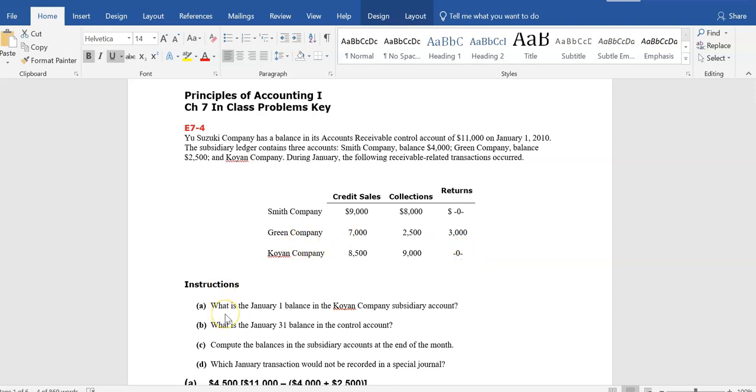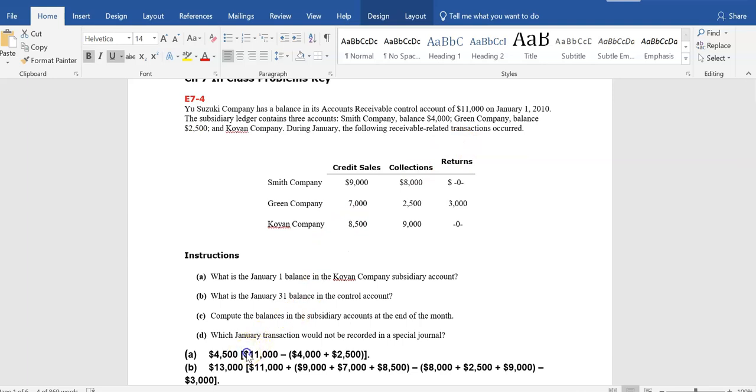We're going to figure out the first thing, what is the January 1st balance in the Koyan Company subsidiary account? If we know that the total amount owed by all customers to the company is 11,000, and we know two of the three customer account balances, we know that the third has to be the difference between the sum of these two balances and the total accounts receivable.